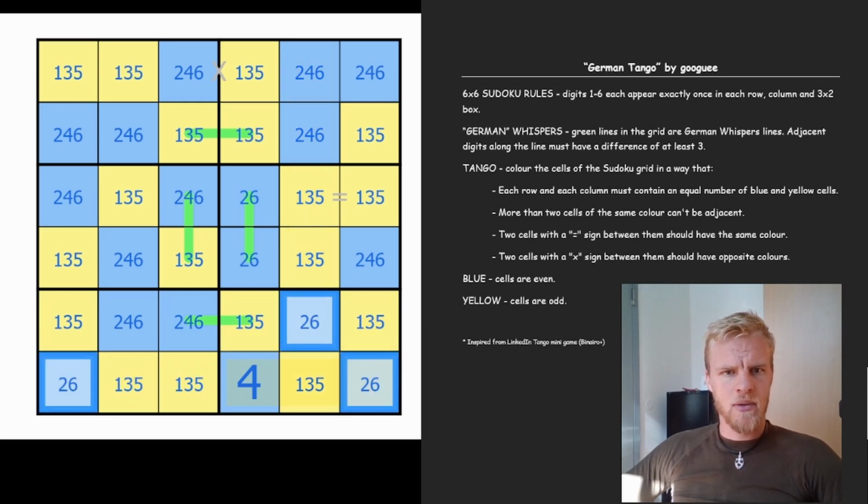Get rid of 4. Okay, all the coloring is done. Now we just even and odd, but in pencil marks.